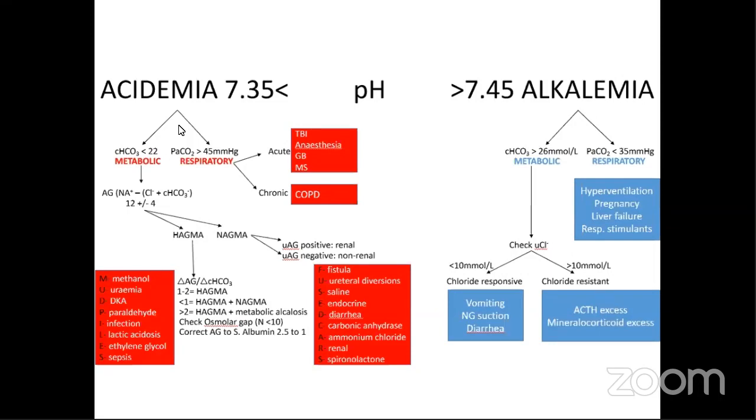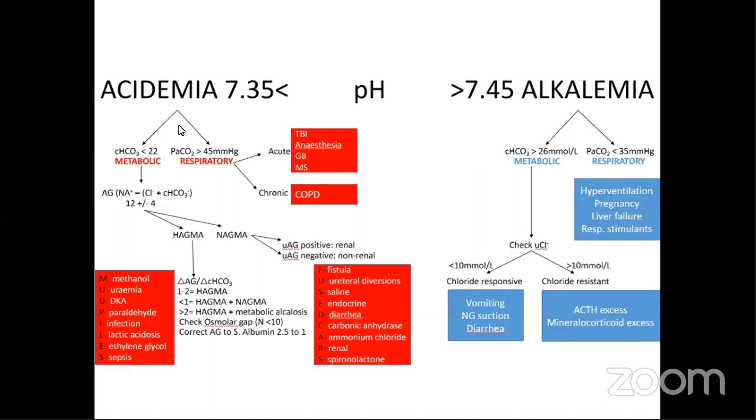Coming to alkalemia. Alkalemia is a presence of pH more than 7.45 with bicarbonate more than 26 or PaCO2 less than 35. In this case, it will be respiratory alkalemia. Coming to metabolic alkalemia, if patient has metabolic alkalemia, we have to check the urine chloride.